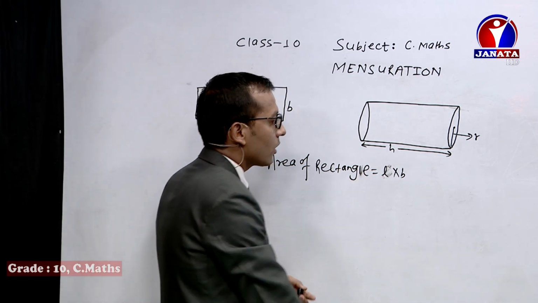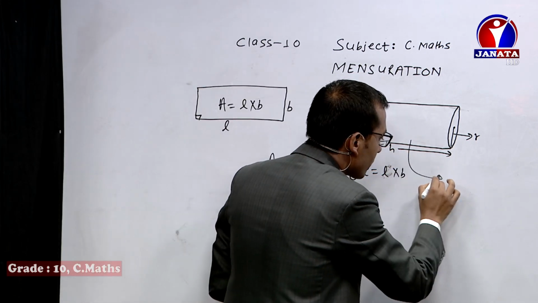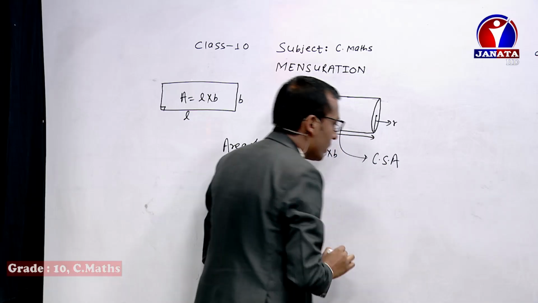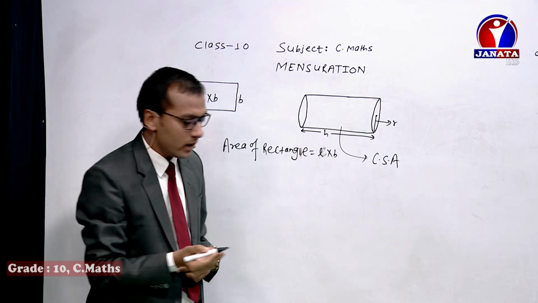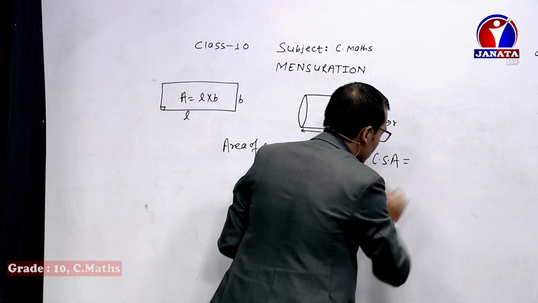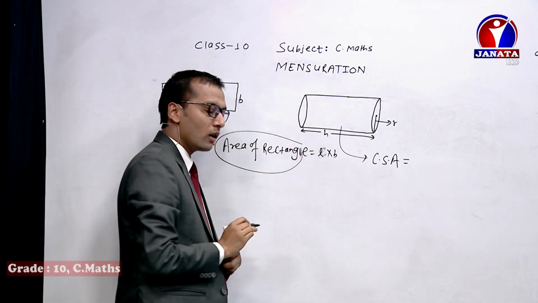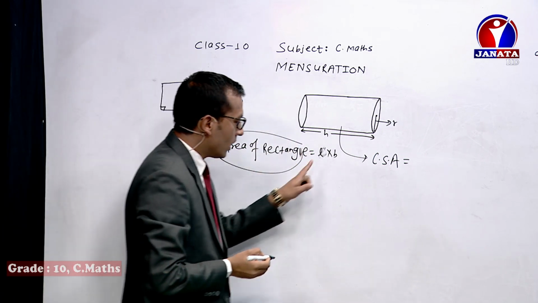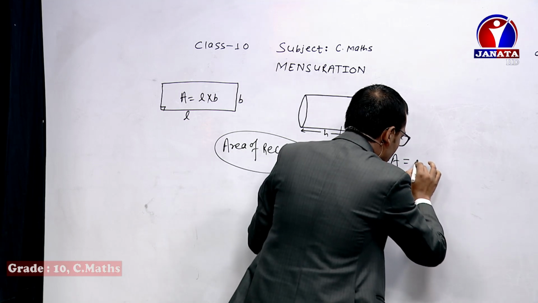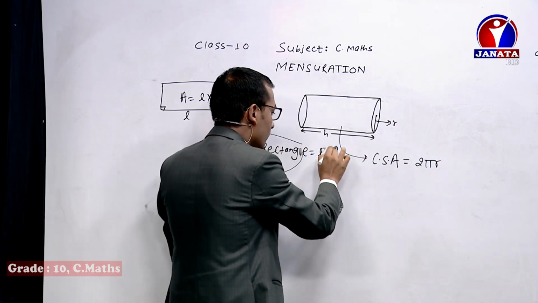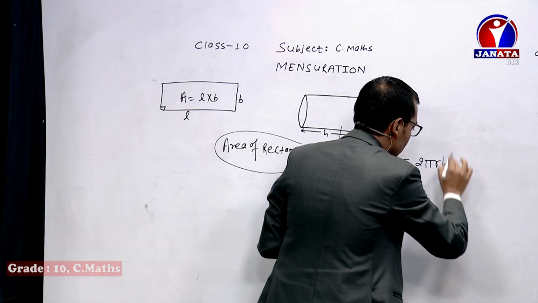So what is the curved surface area of this cylinder? Curved surface area, we also say lateral surface. This is equal to the area of the rectangular sheet of paper. So L is circumference, which is 2 pi r, times b, which is height.